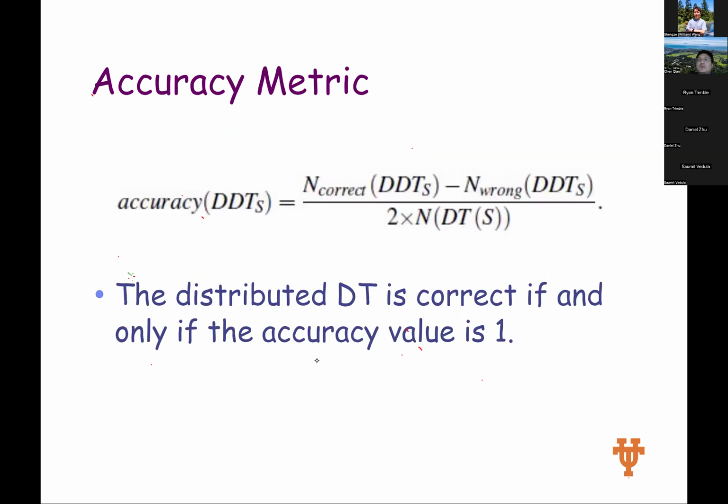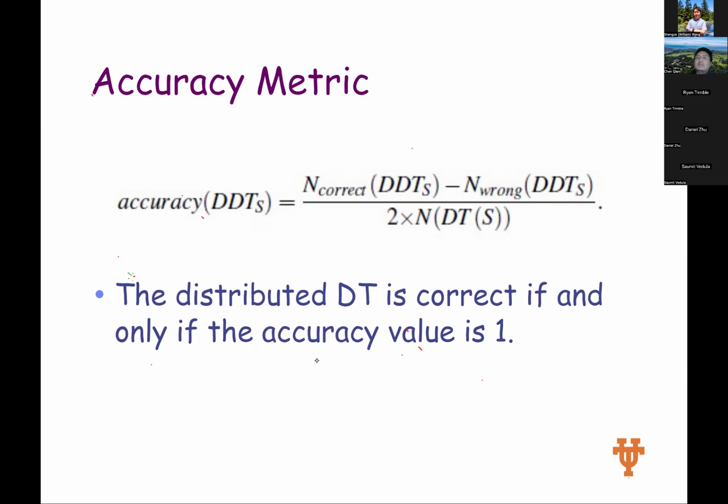So they do experiments and they define the accuracy of the distributed DT as the number of correct DT edges minus the number of wrong DT edges, over 2 times the whole DT edges. Why do we need the 2 times?